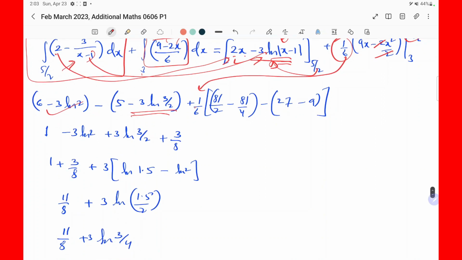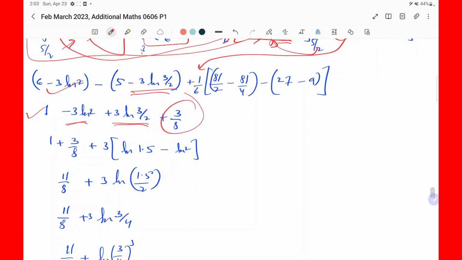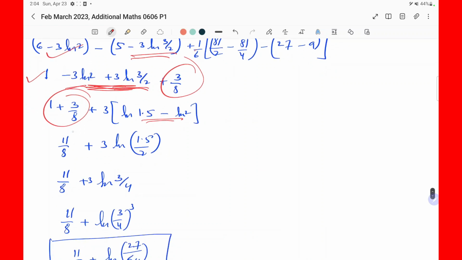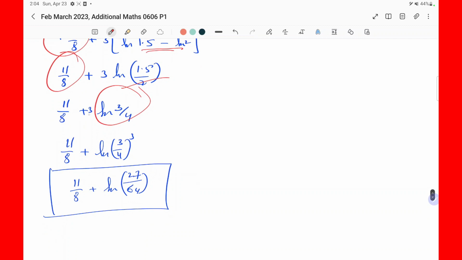Just calculate this precisely. From here you will get 1, then minus 3 ln 2, then 3 ln 3 over 2, and this is 3 over 8. Just keep the non-ln part together, like 1 and 3 over 8 together, and then take 3 common from here. So here you will get ln 1.5 minus ln 2, 1 plus 3 over 8, 11 over 8. 3 and ln (1.5 over 2), then ln (3 over 4).